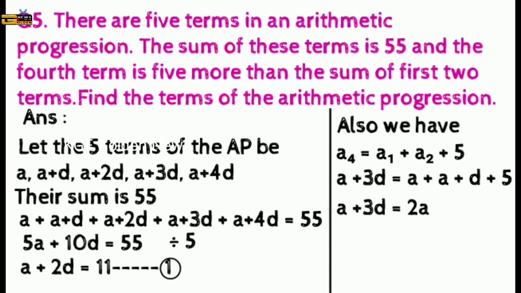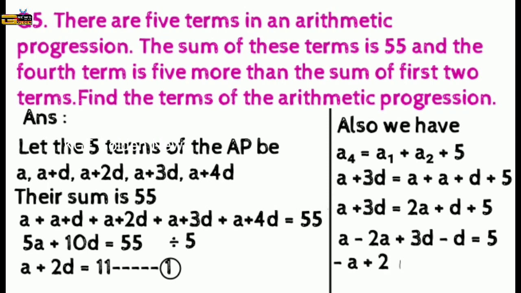A plus 3D equals A plus A plus D plus 5. Bringing the like terms on the same side, we get A minus 2A plus 3D minus D equals 5. Therefore, minus A plus 2D equals 5. Consider this as equation number 2.